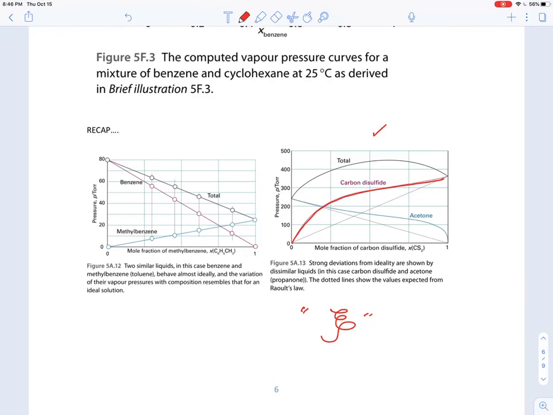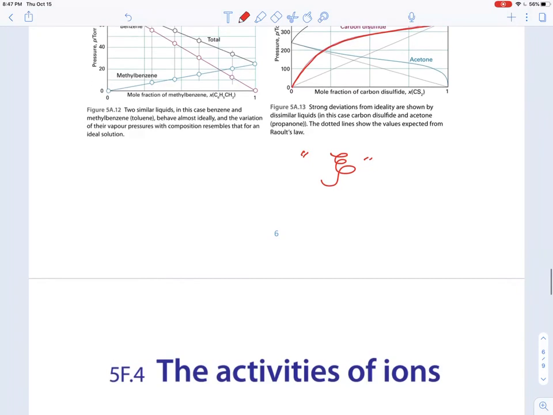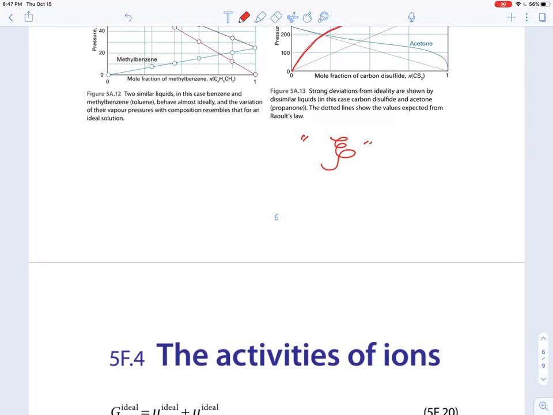And then I also want to give you a heads up that there's another activity section, and this is what is called the Debye-Huckel theory. I know that there are a lot of students taking PChem for life science, the physical chemistry of life science systems, typically in aqueous solutions where there are a lot of ions in biological or biochemical systems.